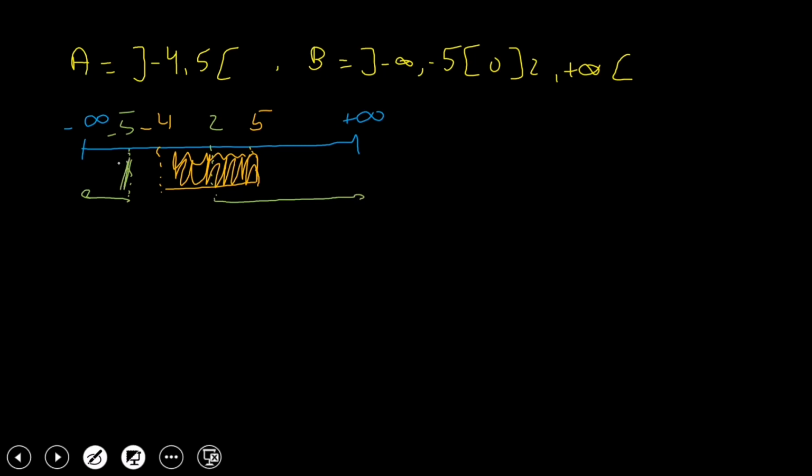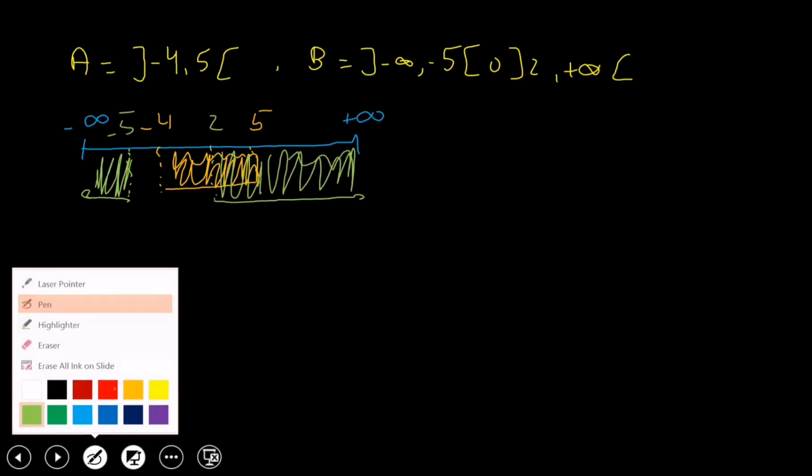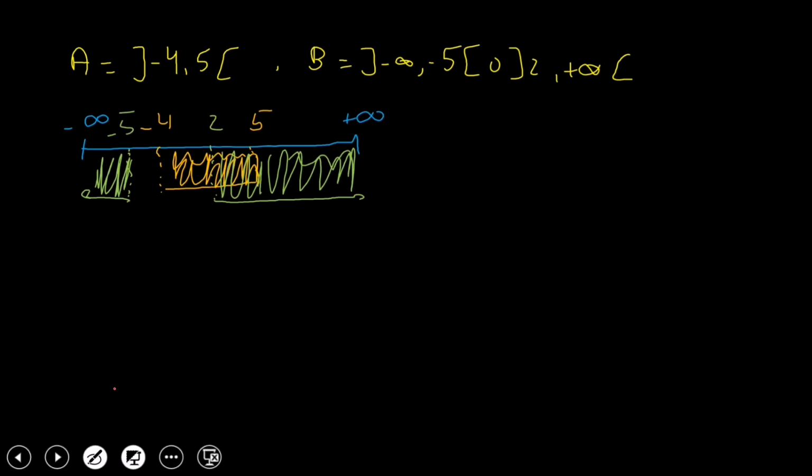So this is B, all of this region. Now I am going to search for the intersection part to get A intersection B. A intersection B represents the common part. The common part, as you see, is between 2 and 5.